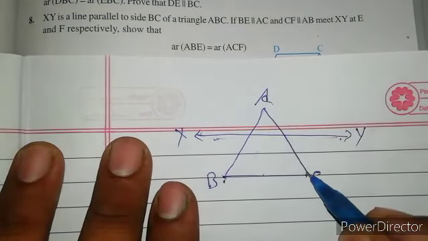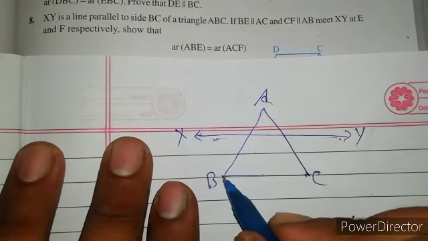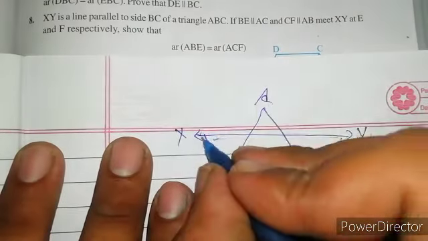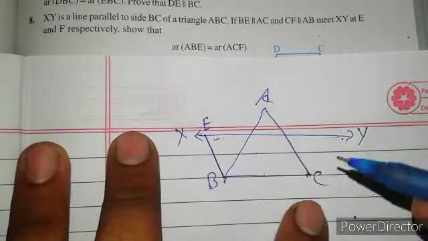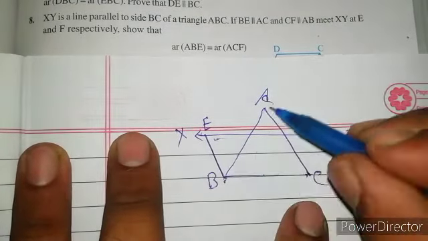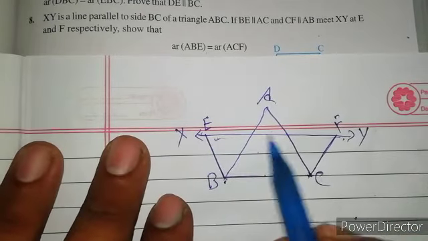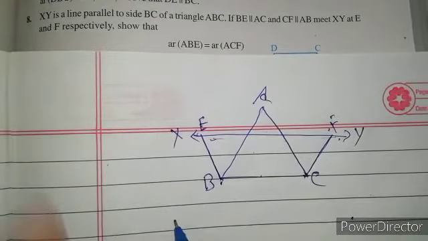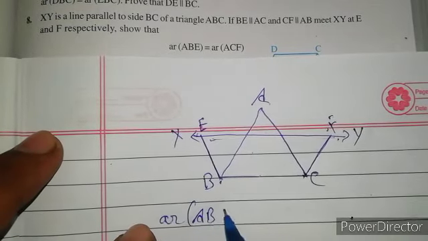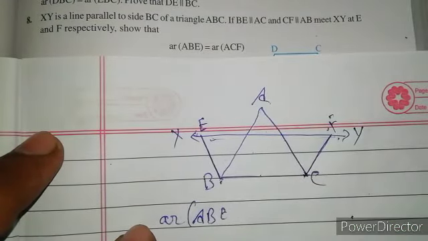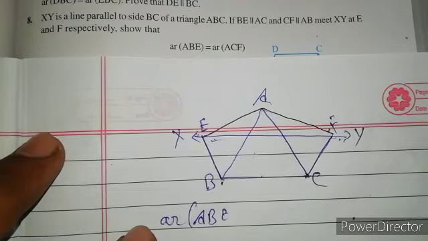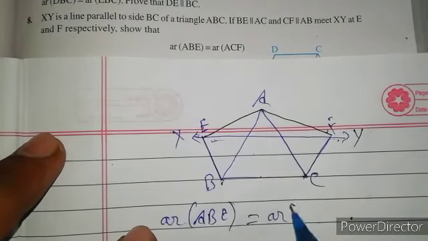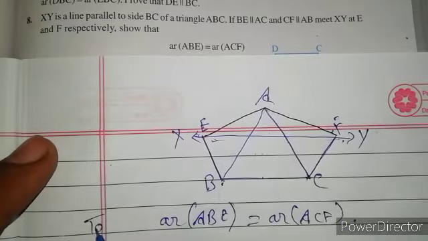So this is AC, we have to draw a line parallel to this, so this will go like this, and this point is E. Here CF is parallel to AB, so this is AB, so our CF will go here, and this is F. They meet XY at E and F. Now what we have to show is the area of ABE, for that we need to join A to E and C to F. So this is our required figure. We have to show that area of ABE is equal to area of ACF.